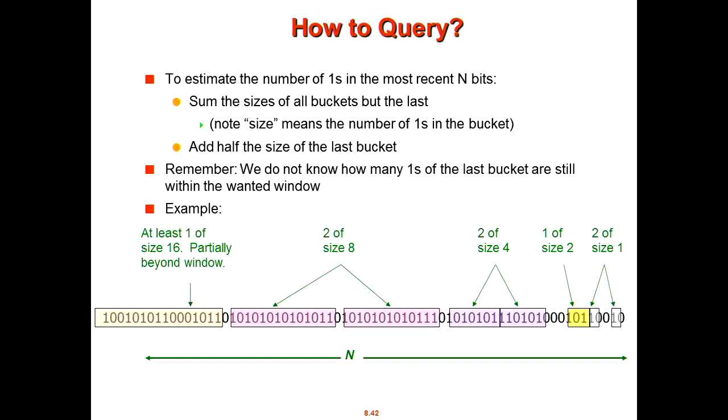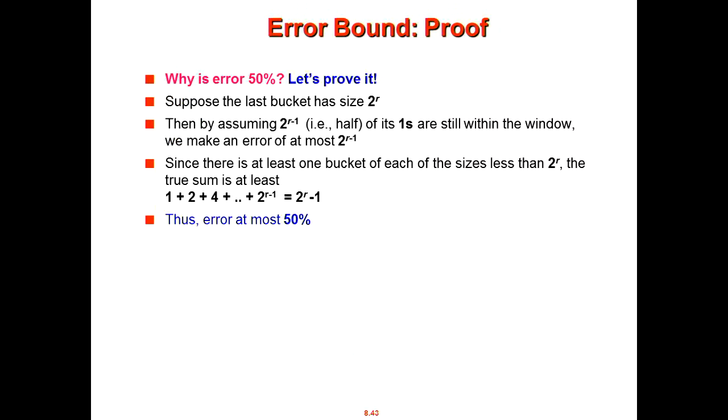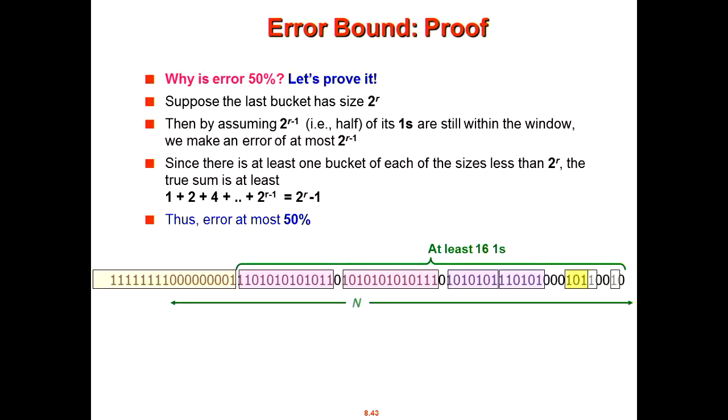The buckets are sorted according to their size, based on the timestamp. For query processing, you first sum up all the values that are known for sure. For the unknown part, you add half of the value into your result. And this guarantees at most 50% error.